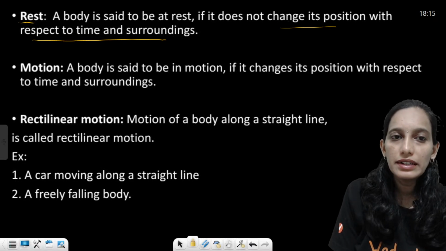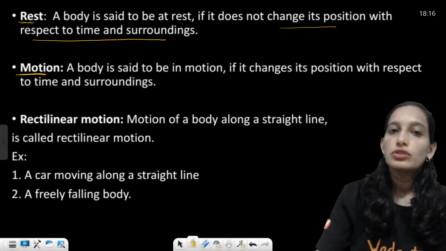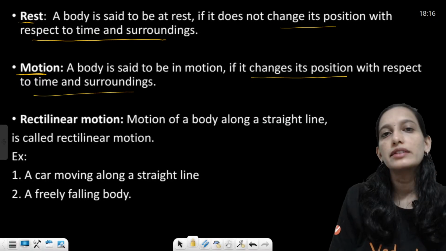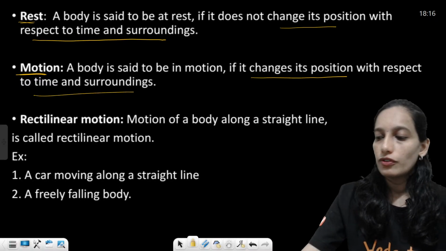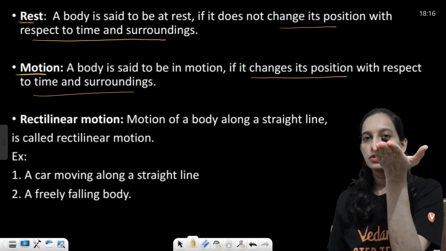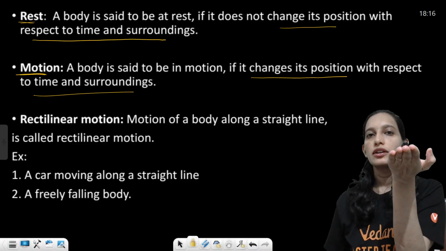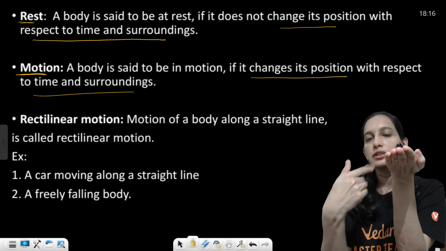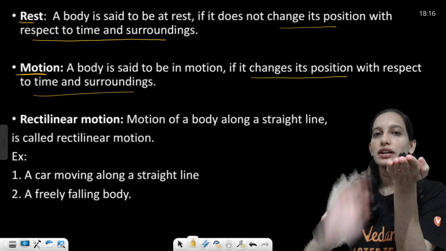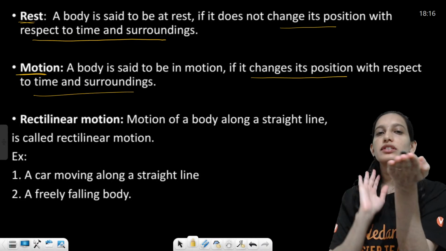Similarly, when can we say the object is in motion? If it changes its position with respect to time and surrounding. For example, I hope you can see this. If I keep this pen like this for a long time, I can say the object is at rest because it is still here. As time is passing while I am explaining, the object is still there. The pen has no legs, it is not moving around, right? So it is still there on my hand. So this is rest.